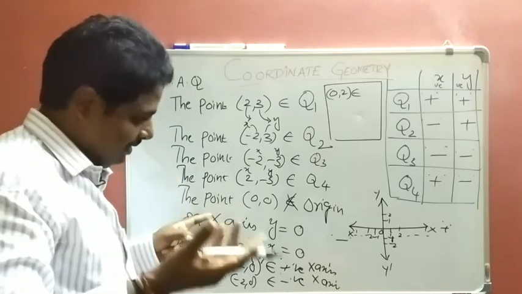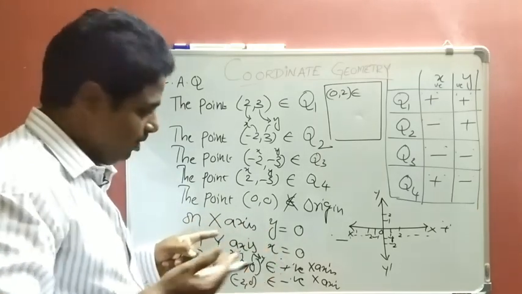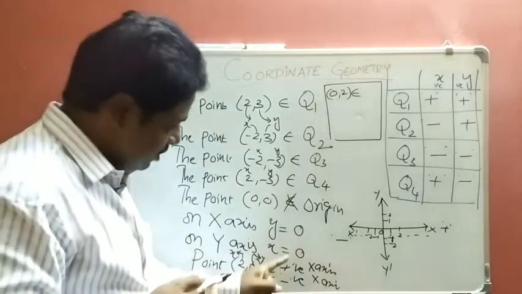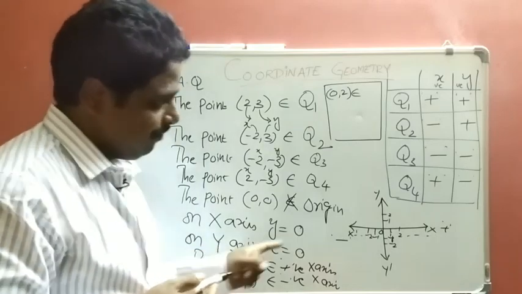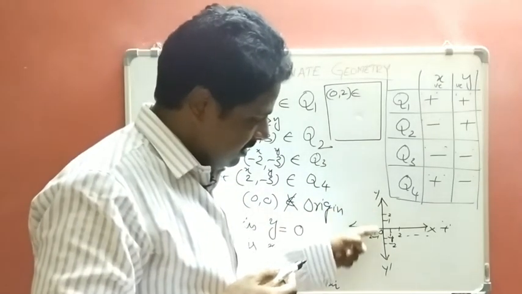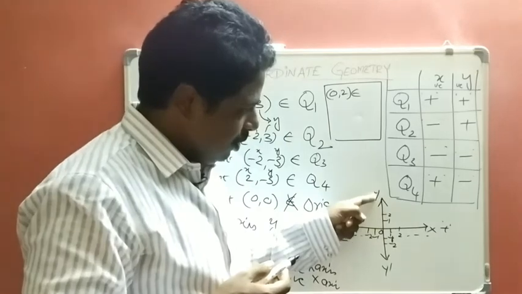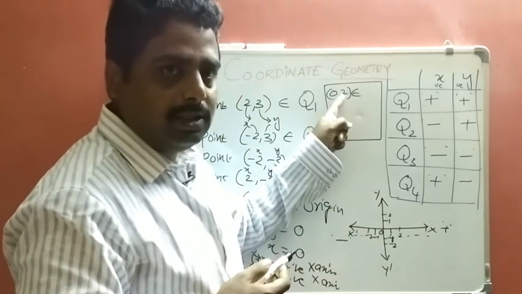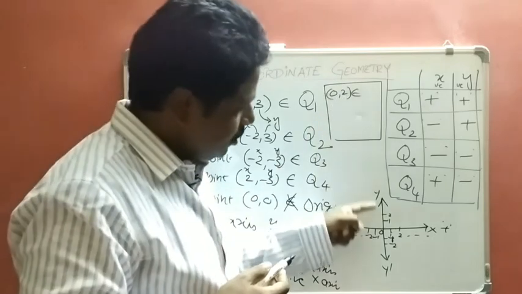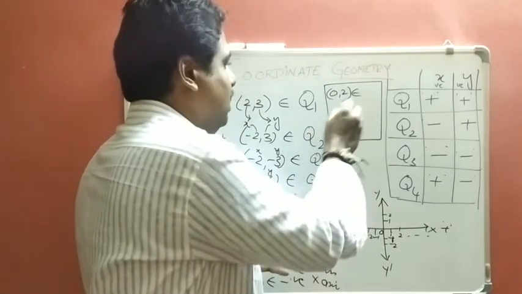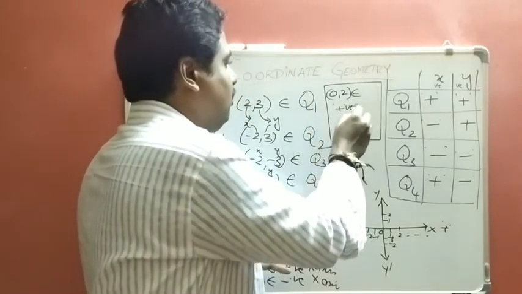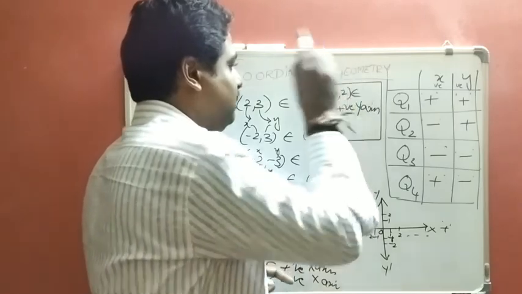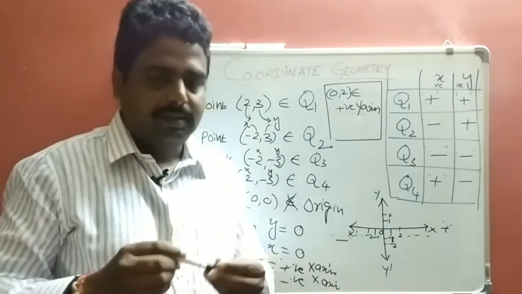In the given point x is 0, so the point lies on the y-axis. The y-axis again has two parts, the positive y-axis and the negative y-axis. Here, what is the y coordinate? 2, which is positive, so it belongs to the positive y-axis. Okay, thank you. This will help you.